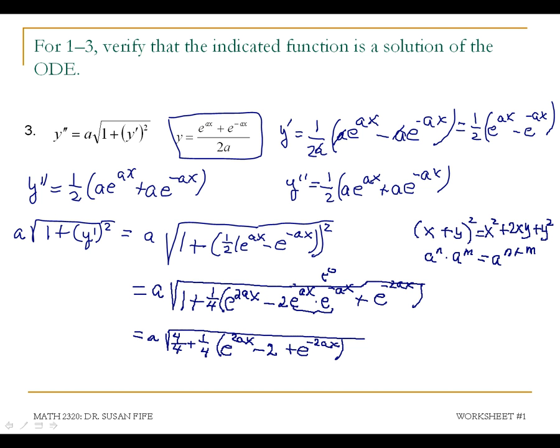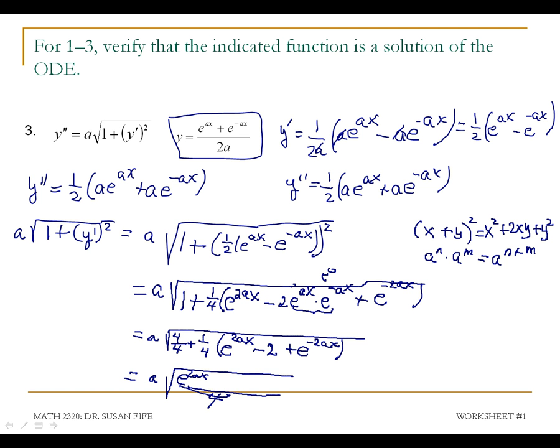Now, because you have a common denominator here, you could place everything over 4. Then you're going to have 4 plus 1 times all of this, which gives you e to the 2ax.